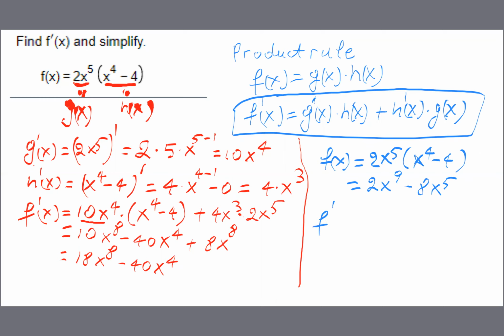So f prime of x is 2 times 9 times x to the 9 minus 1 minus 8 times 5 times x to the 5 minus 1. So 2 times 9 is 18 times x to the 8th minus 8 times 5 is 40 times x to the 4th. So see that we have the same derivative of f.